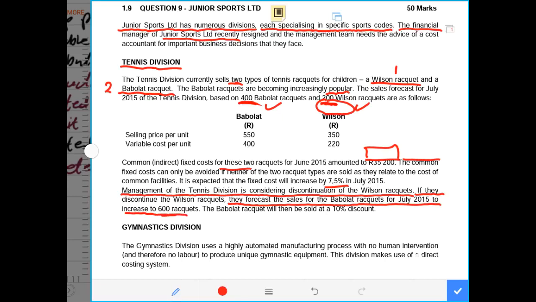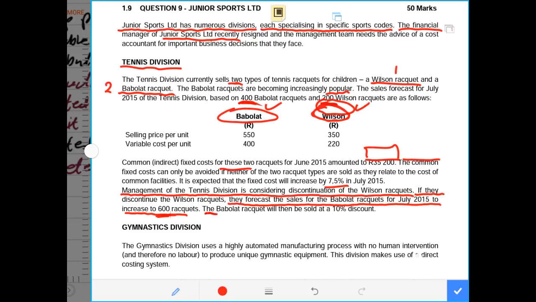So now they expect that when they discontinue the production and the sale of this product, the sales of the Babolat racket will increase to 600, meaning they will increase by 200 to 600 units.